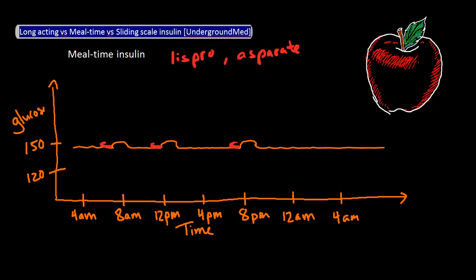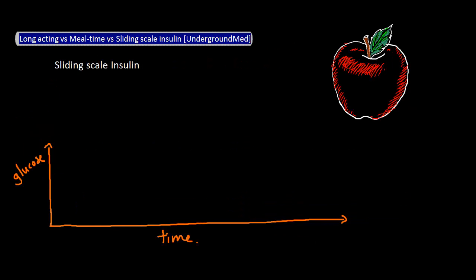The last method of insulin administration we're going to talk about is the insulin sliding scale. Let's again use the number of 120 as our glucose level goal. All the insulin sliding scale says is this: for a certain amount above 120, give a certain amount of short-acting insulin. For example, and this is completely hypothetical, if the patient's glucose levels are between 120 to 130, give 1 unit of insulin.